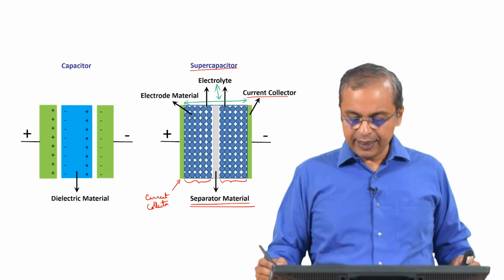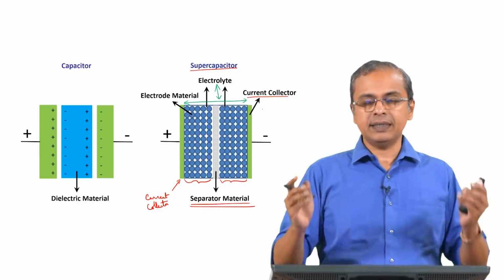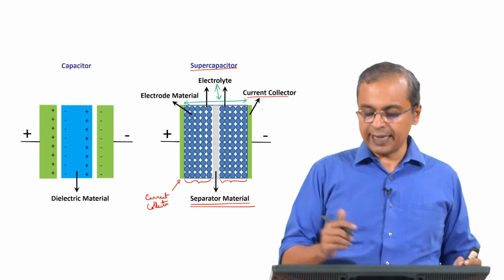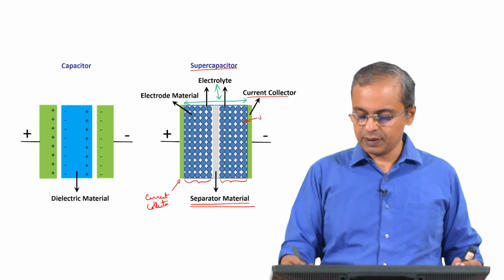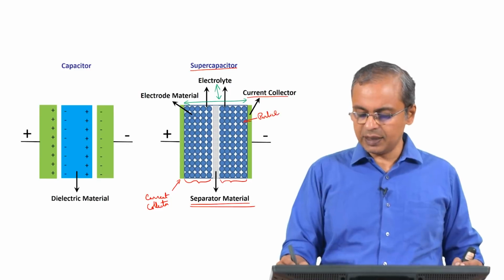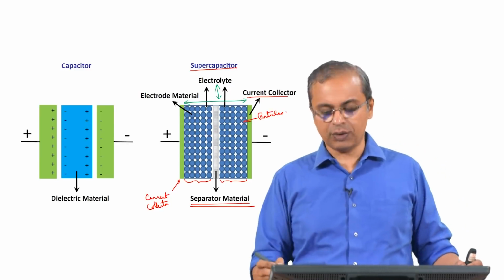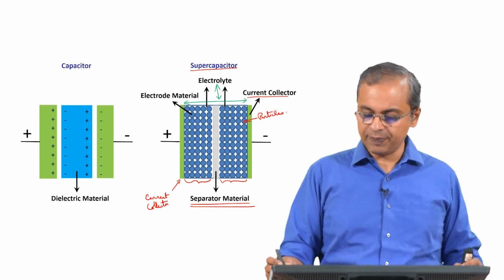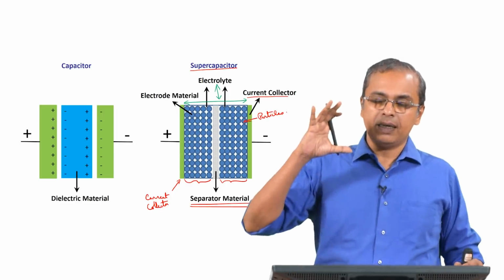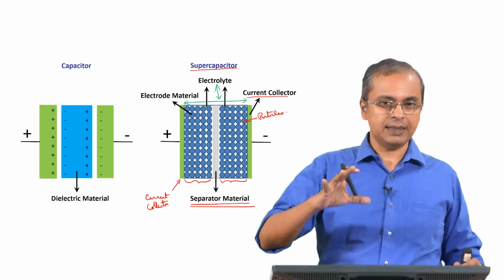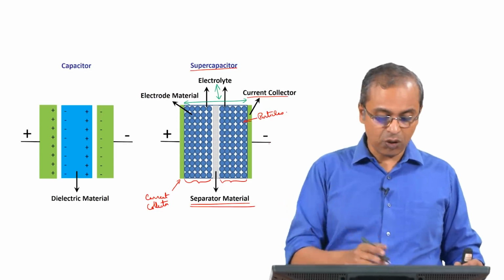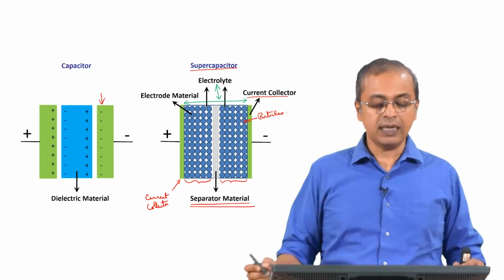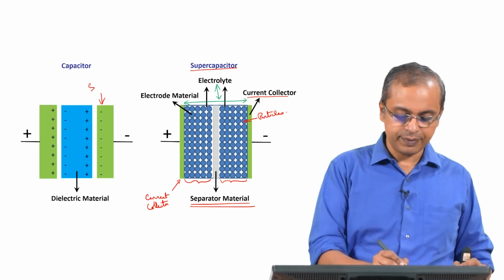The current collector essentially enables electrical contact for the external circuit with these particles. In this case it is particles, but we can look at other options available. So we have a structure where you have a lot of particles that are present, and because it is particles and not a solid object like this, this is a solid flat object.